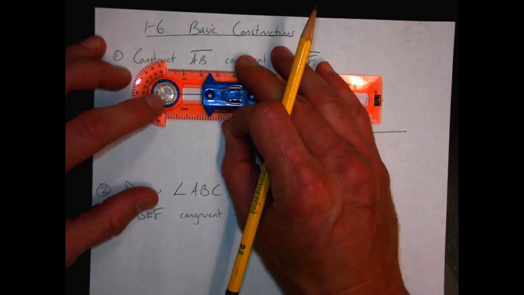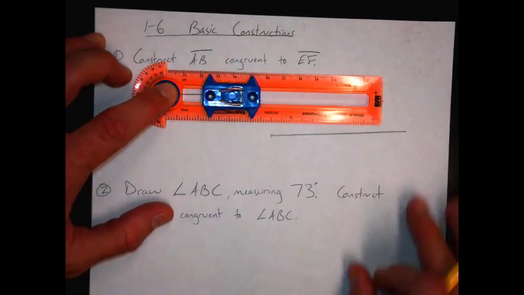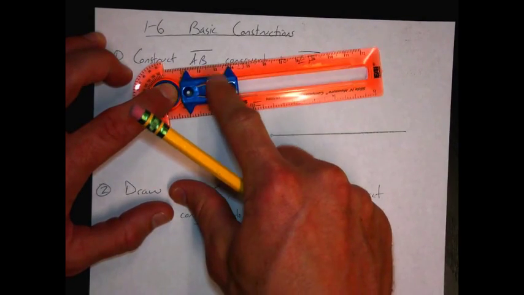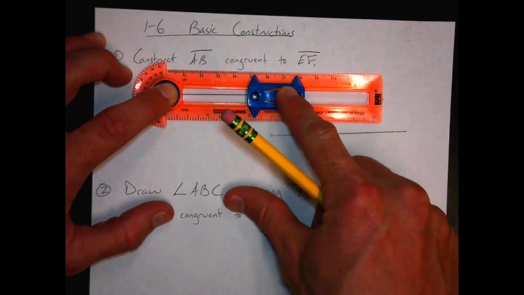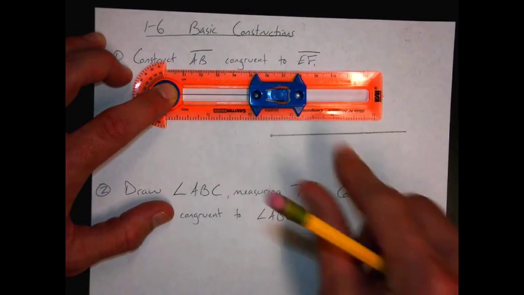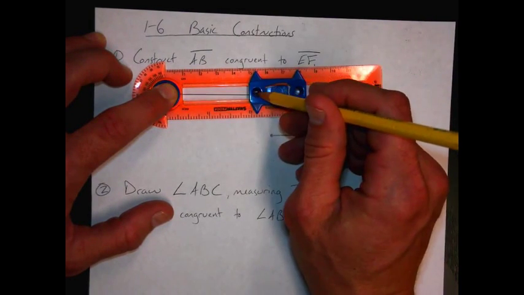You line it up so that the point of the compass is on one endpoint, and you hold it down with one finger, and then you adjust your radius to find the other endpoint in the hole of the compass. Now you can see that the other endpoint of the given segment is in the hole of the radius.